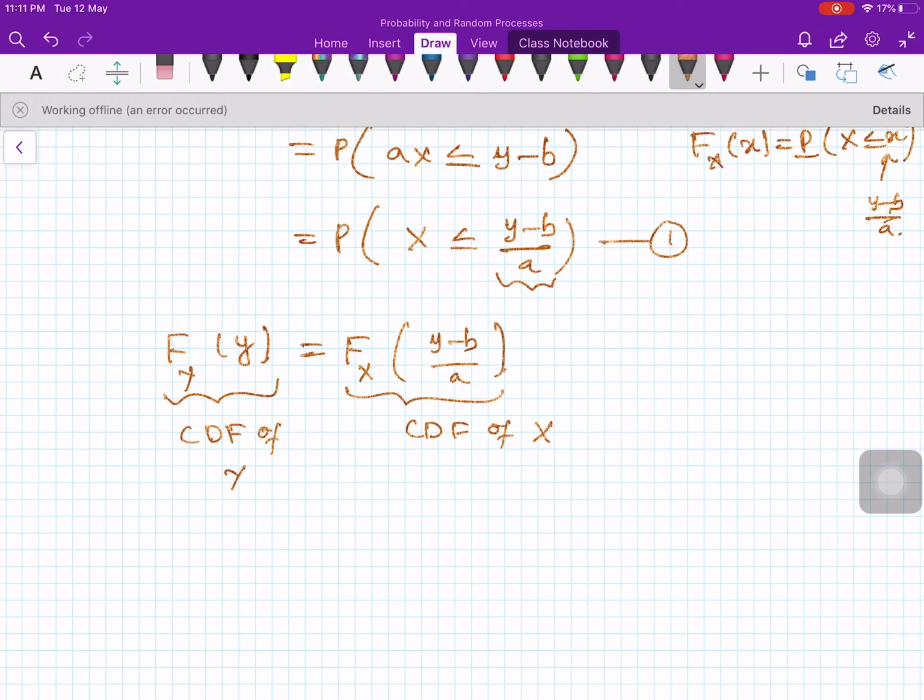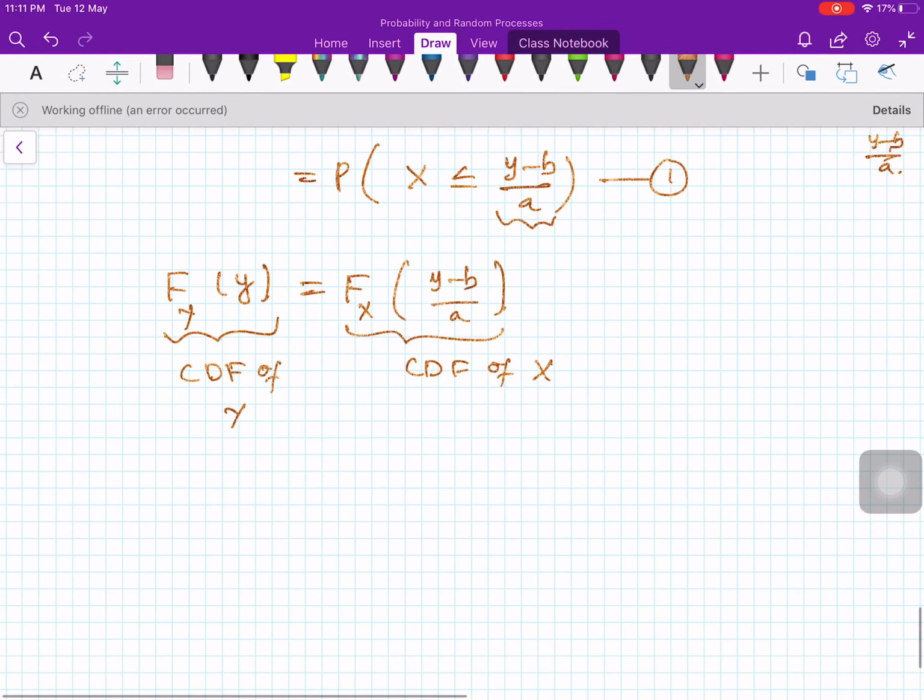Now what is the next step? According to our cookbook procedure, take the derivative of both sides. So the density of y is going to be the derivative of this expression, which I'll call equation number 2, with respect to y.